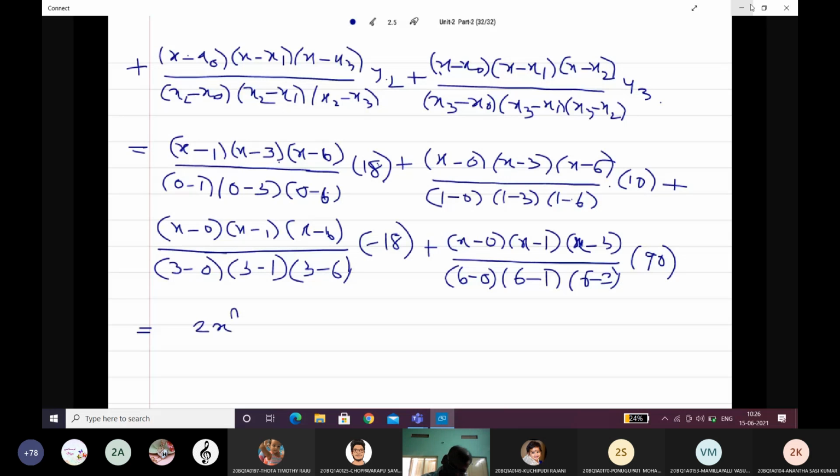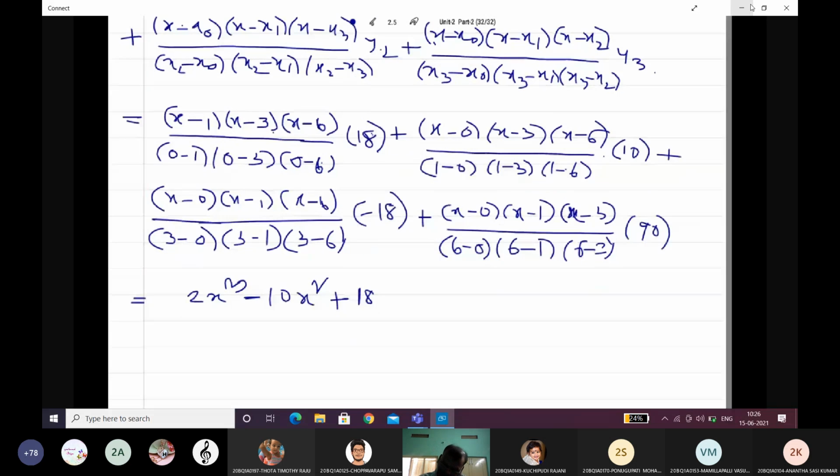This value is equal to 2x cubed minus 10x square plus 18. Now, this is f of x.